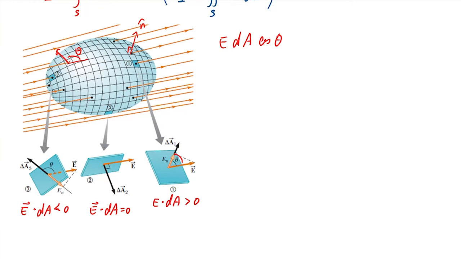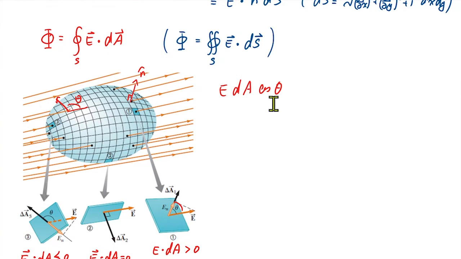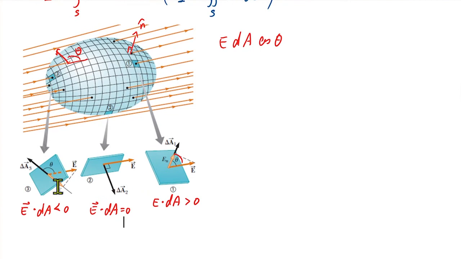So far, so good. The other thing we notice is if there's no net charge in here, no positive, no negative, just an empty balloon, then whatever goes in must come out the other side. So the total flux, the way we counted in this integral, will give you exactly 0. What goes in must come out, so they cancel each other. We are counting what goes in as a negative flux and what's coming out as positive.